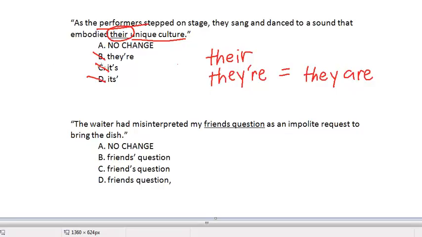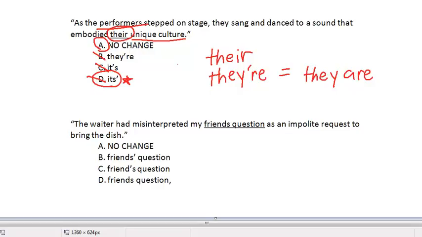So option A has to be the correct answer. By the way, if you didn't notice this before, option D is actually a non-existent word. So it doesn't matter because as long as you determine that you are talking about people, then you would have eliminated these options right away, but just so you remember, this is not a word.